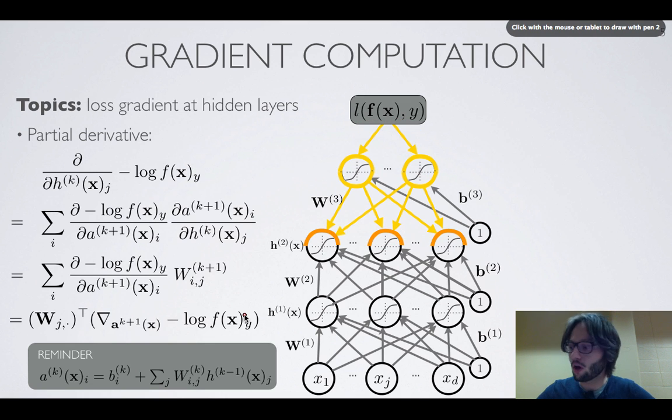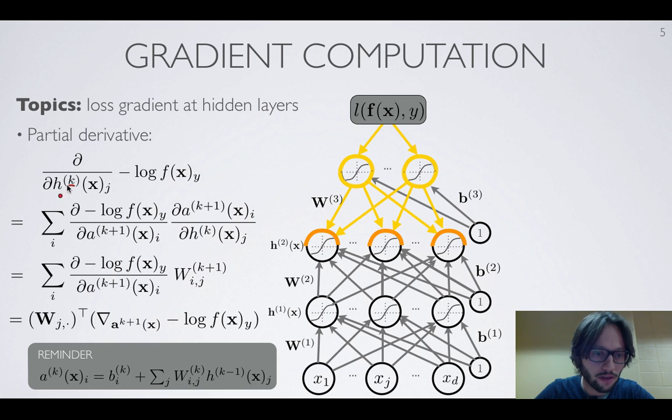All right, so if we are at the kth hidden layer, and I want the partial derivative of the loss with respect to the jth activation, the activation of the jth hidden unit of the kth hidden layer, well, the chain rule tells me that if I want to use as the intermediate result the pre-activation at the k plus 1th hidden layer, so the hidden layer above, I need to sum over all of the pre-activations at the layer above.